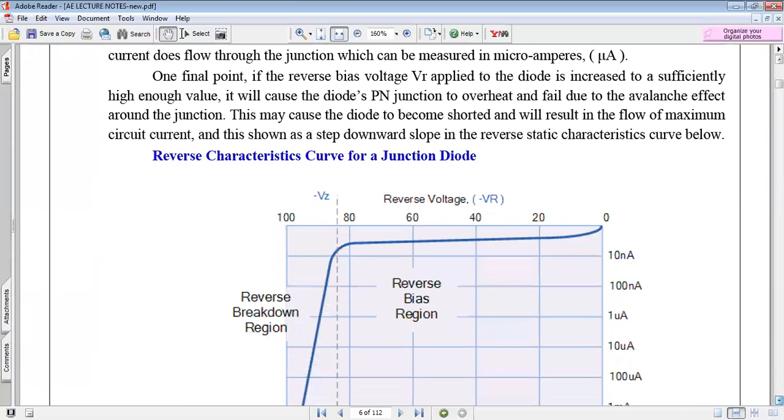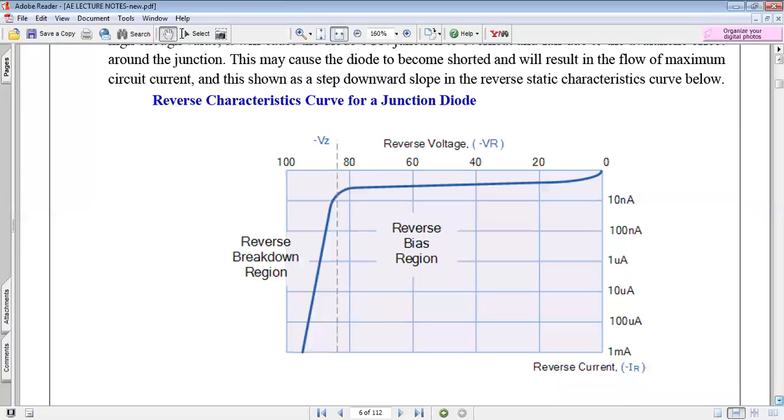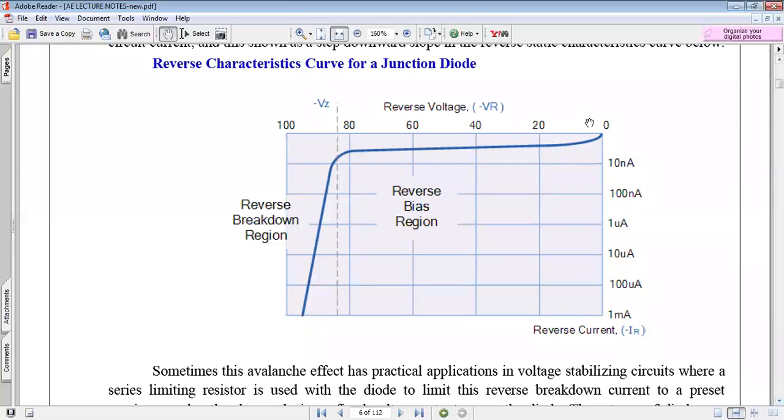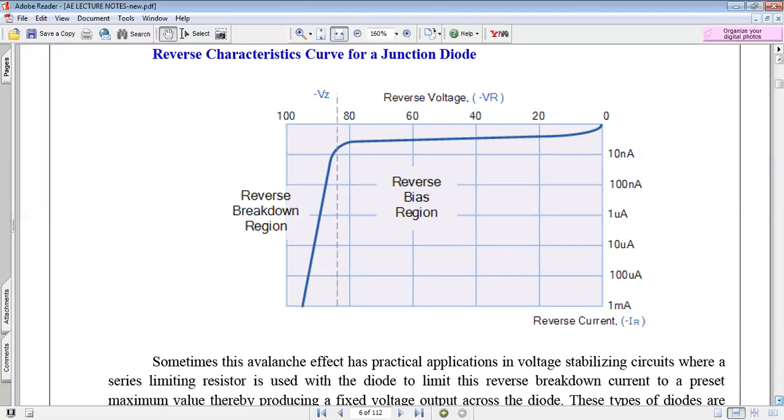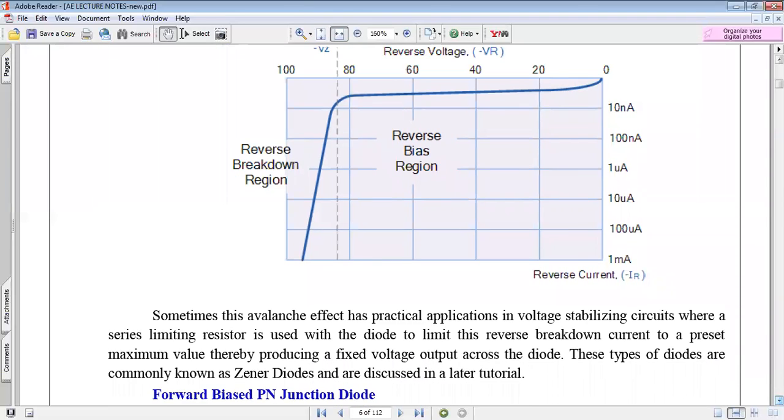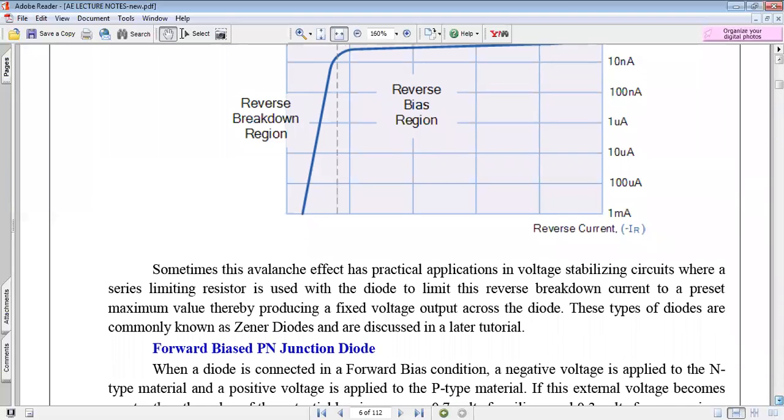In case of reverse characteristic of PN junction, this is the reverse bias VI characteristic. It is below 10 nanoampere in both cases, and the reverse breakdown current is up to 1 milliampere. Maximum value of breakdown current is up to 1 milliampere.